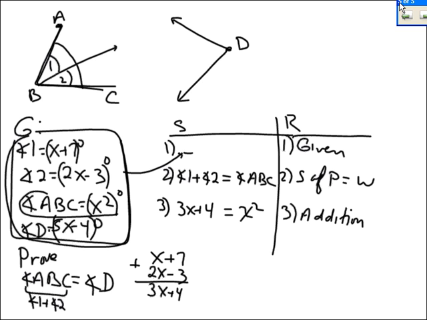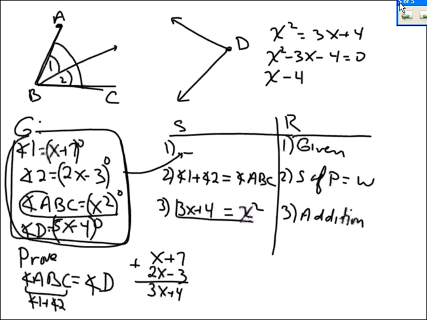Now, let me just come to the top and solve this. We know that x squared is 3x plus 4. Now I'm going to use algebra. x squared minus 3x minus 4 is 0. If I factor, I get x minus 4 times x plus 1 is 0.